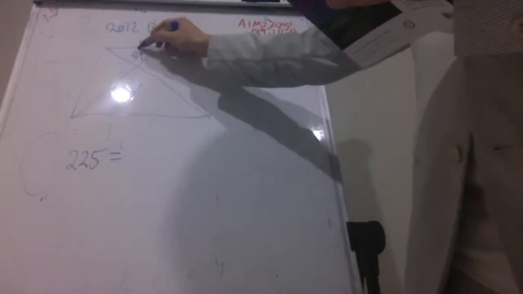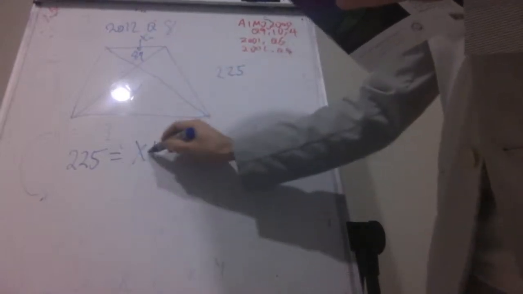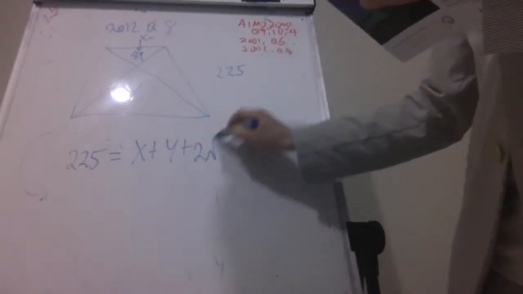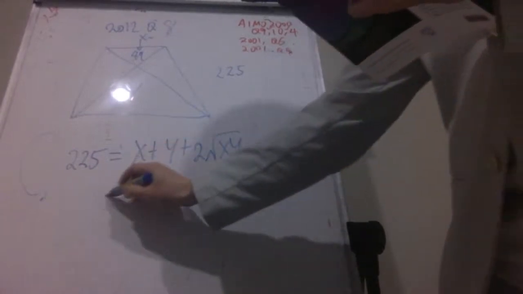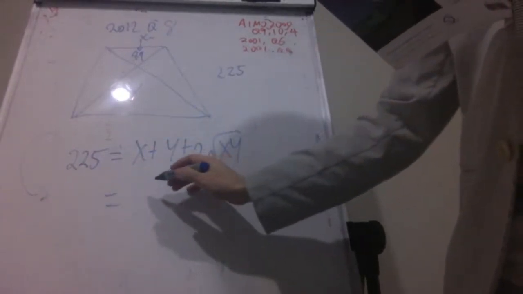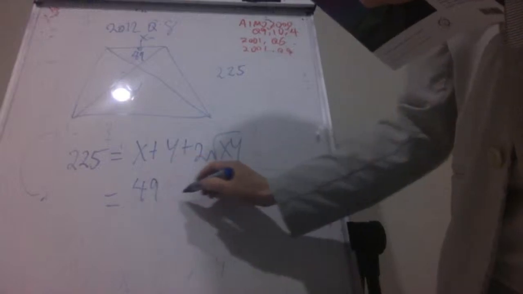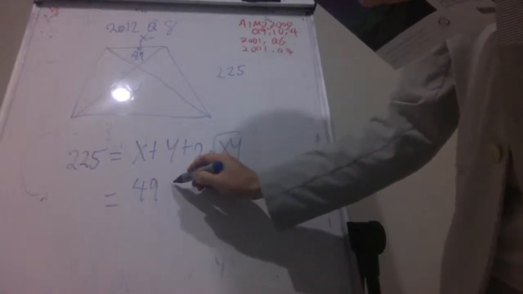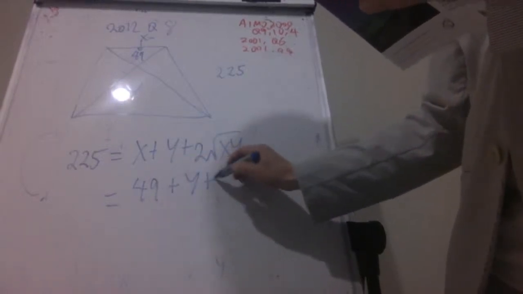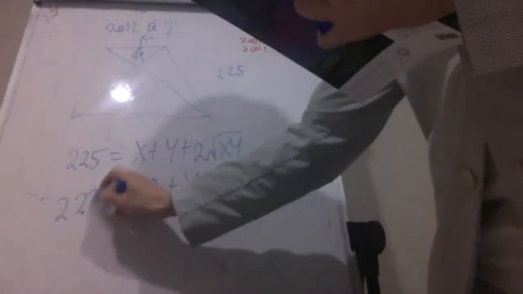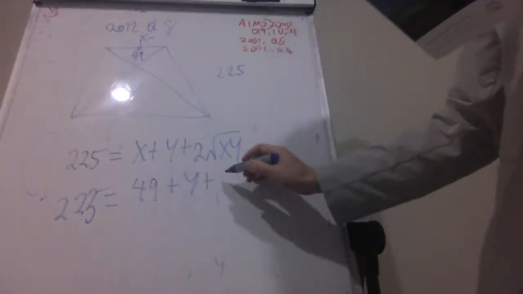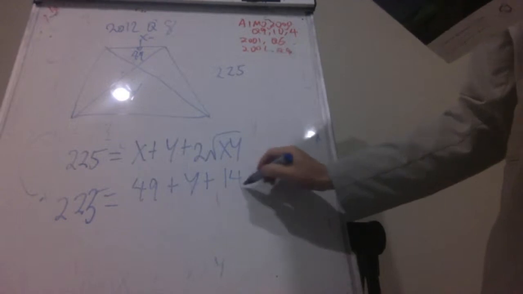Remember, if that was X, it was X plus Y plus 2 root XY, right? And X was 49. So we're trying to figure out Y plus 14 root Y, yeah?